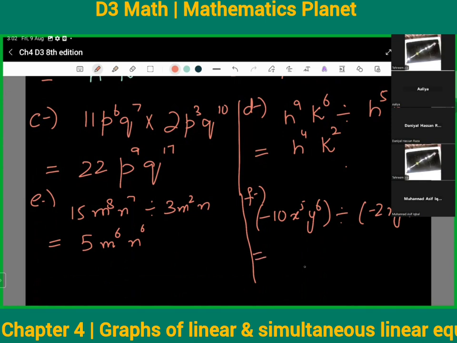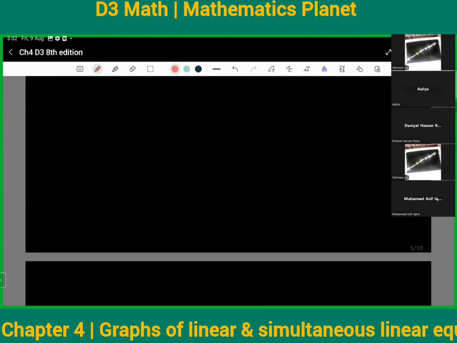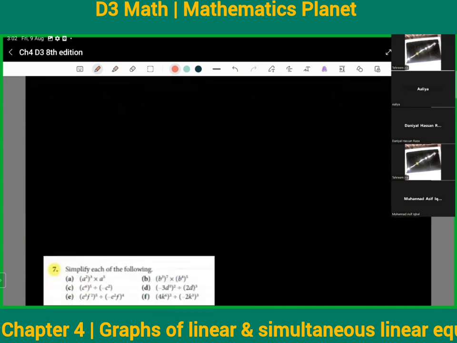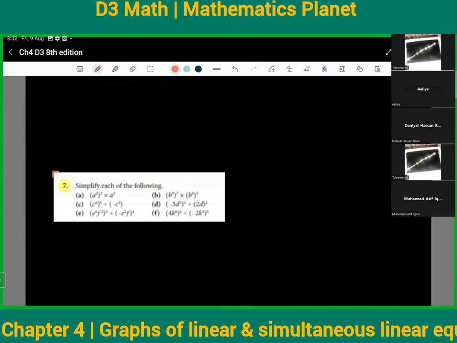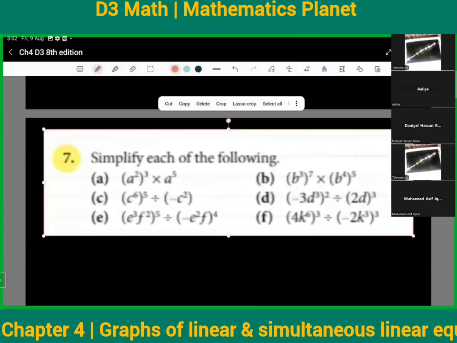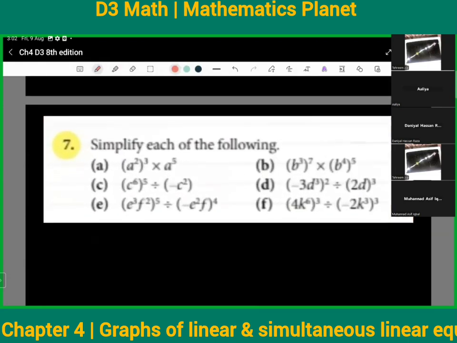So first of all, -10 divided by -2 is 5. x will be powered by 4 and y powered by 1. No, y will stay 1. Y will have power 1. You can either write 1 or not write 1, but it would be 1. It's one and the same.